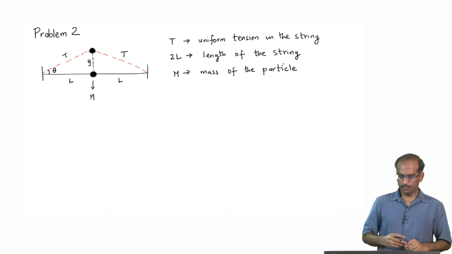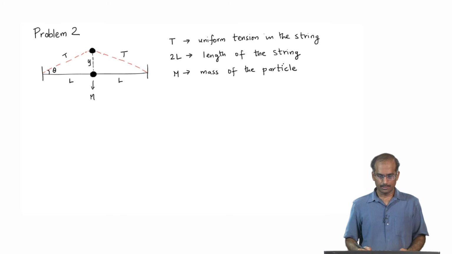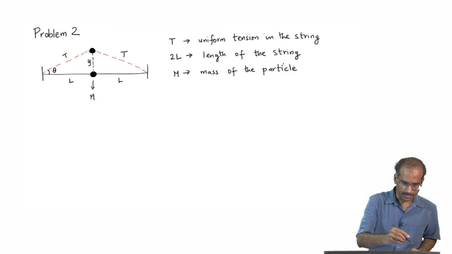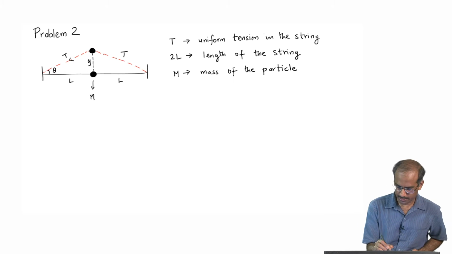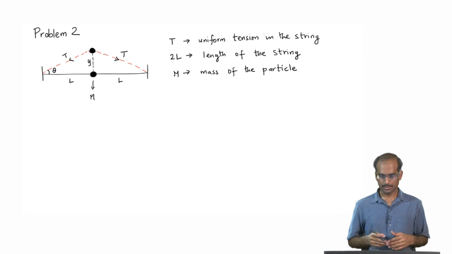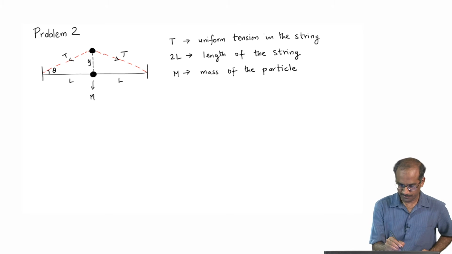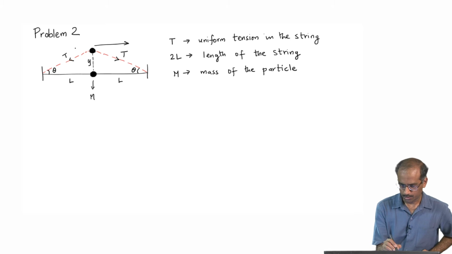Okay. So, now when I pull it up, let us say by an angle theta, there is this tension directed in this direction, and we are going to resolve this tension into vertical and horizontal components. So, if this is theta and this is also theta, there is going to be a horizontal component of tension, which will be T cos theta in this direction and T cos theta in this direction as well.